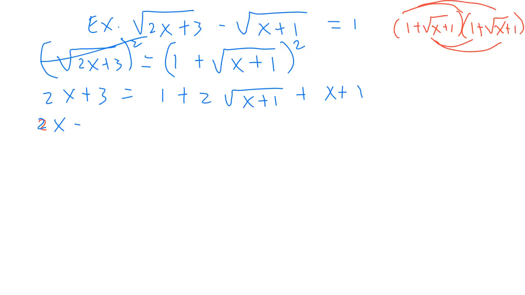I move the x from the right to the left, it becomes a minus, plus 3, and I have a 1 there. I have to put minus 1 here from the right, and another minus 1 from the right also, is equal to 2 radical x plus 1. And then 2x minus x is x, and 3 minus 1 is a 2, minus 1 is a 1.